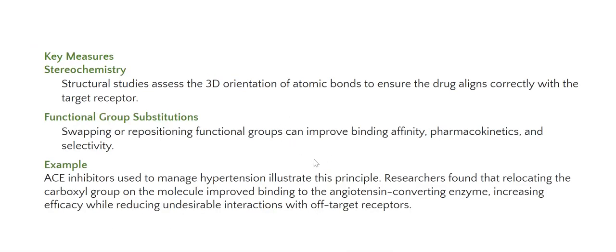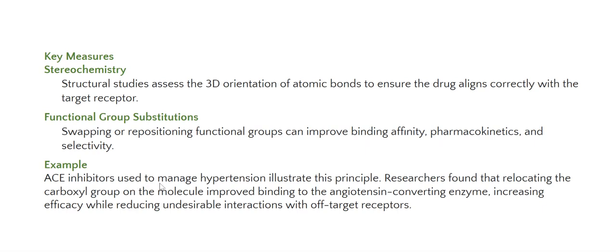The key measures for structure evaluation. Stereochemistry: structural studies assess the 3D orientation of atomic bonds to ensure the drug aligns correctly with the target receptor. Functional group substitution: swapping or repositioning functional groups can improve binding affinity, PK, and selectivity.